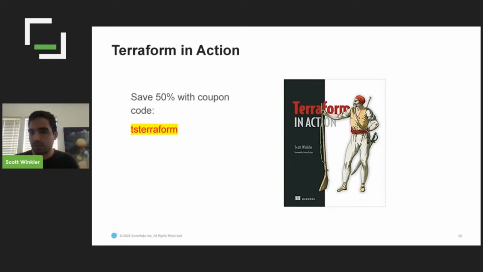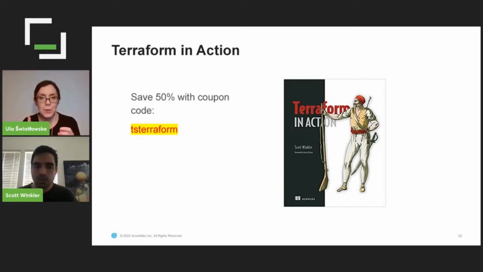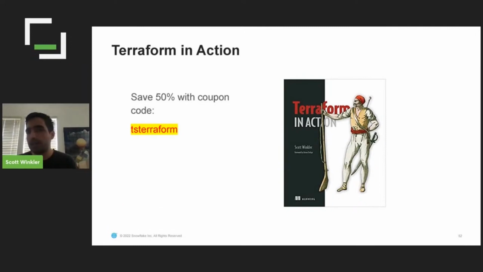Thank you. I'd like to ask you, Scott, where do you think Terraform will be in the next 5, maybe 10 years? I think that Terraform is in a pretty good place right now. I think the language is very mature. We're already in Terraform 1. I think a lot of the breaking changes that we saw before Terraform 1 have mostly been resolved.